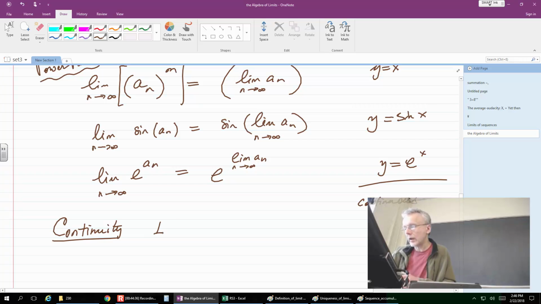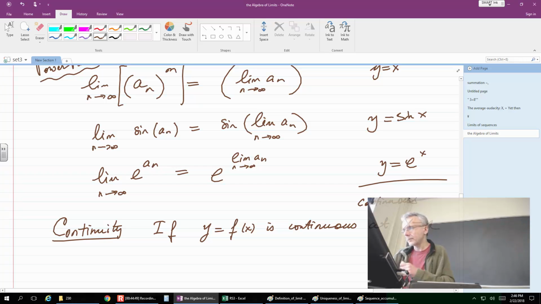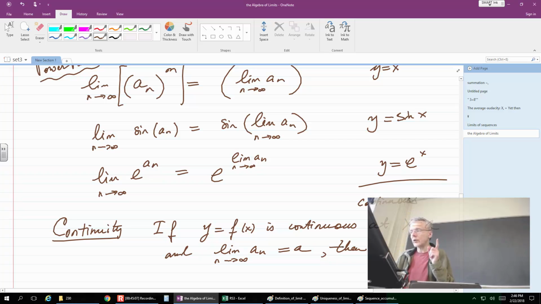So if y equals f(x) is continuous at x equals, say, a, and the limit of a_n is equal to a as n goes to infinity, then, so two things to be verified: continuity and the convergence of the sequence itself, so that the right-hand side makes sense.